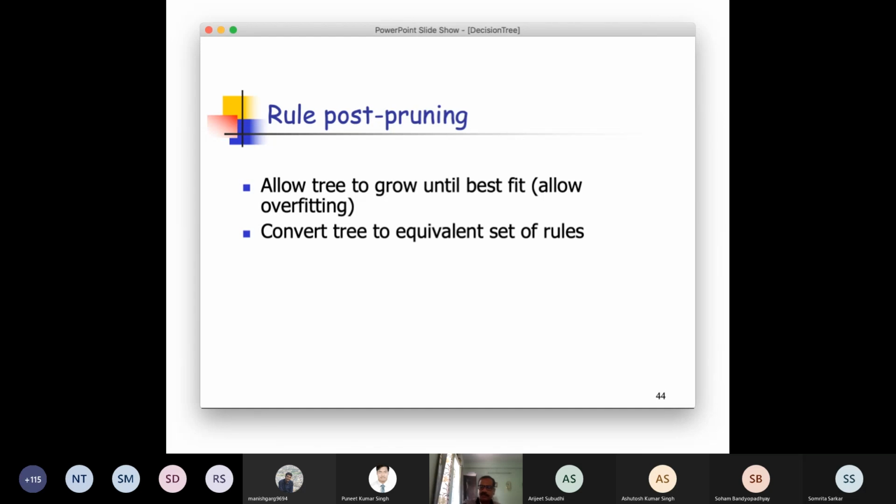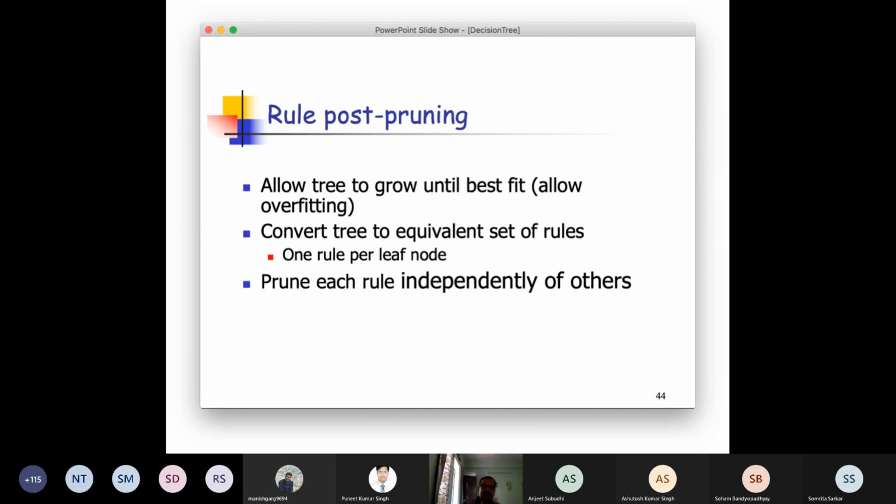So instead of pruning over the tree, you are pruning over the clauses itself. And then after getting all these, you can convert them into a decision tree, or you can keep it as a set of rules and apply it.